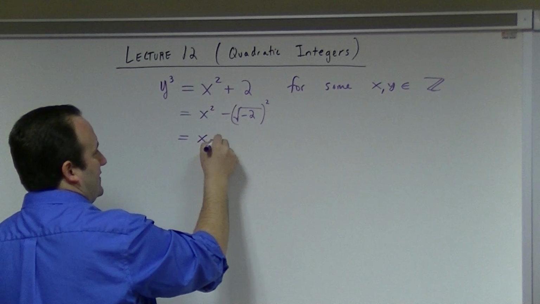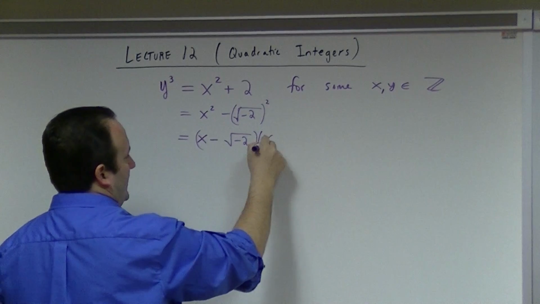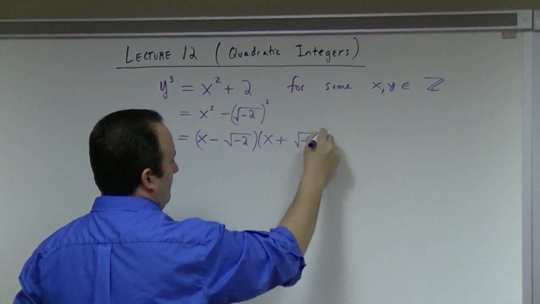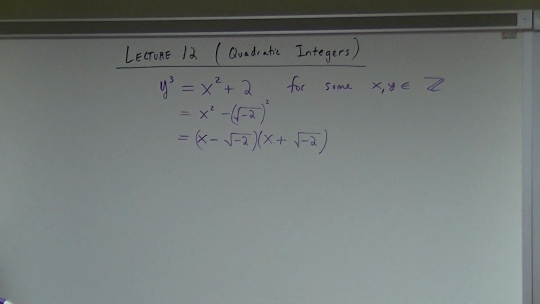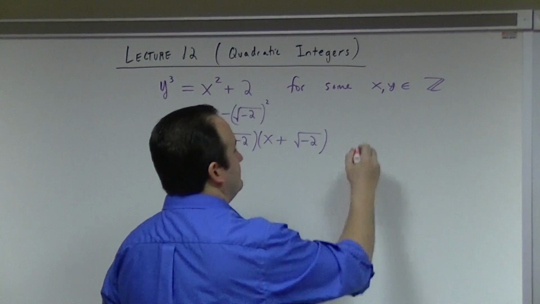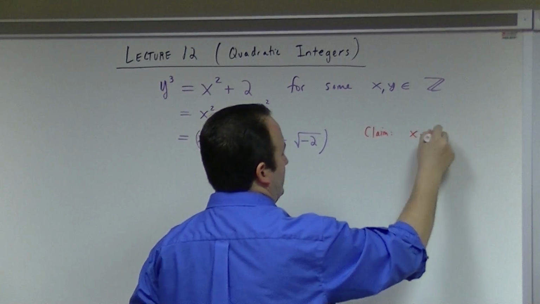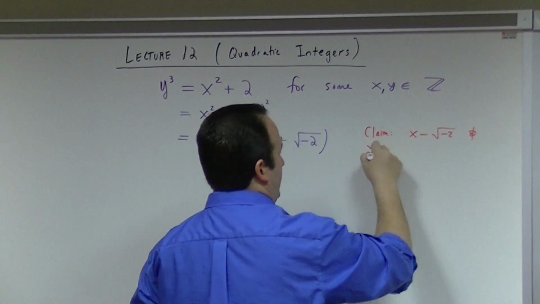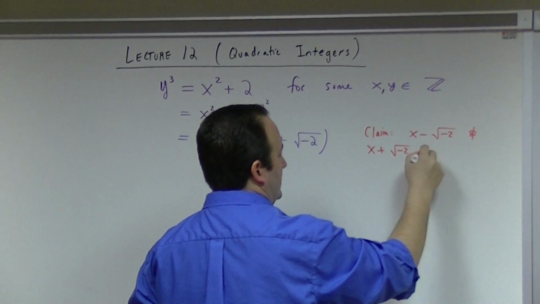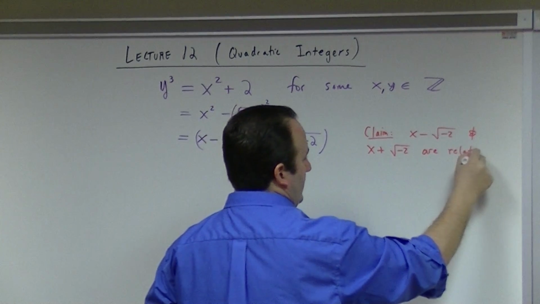So I can write this as x minus the square root of minus 2 times x plus the square root of minus 2. We can make a little claim: x minus the square root of minus 2 and x plus the square root of minus 2 are relatively prime.